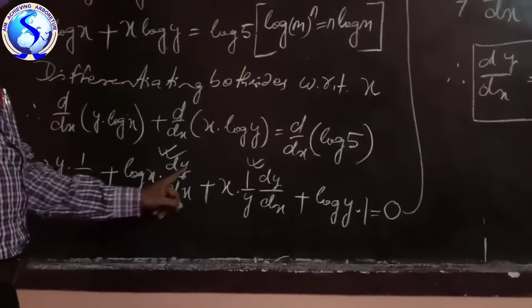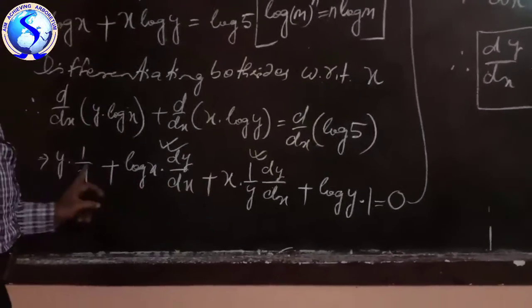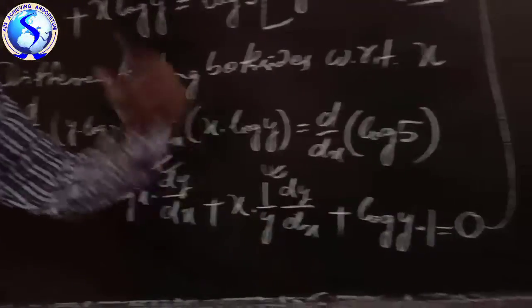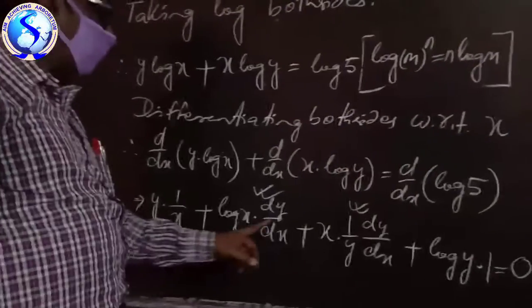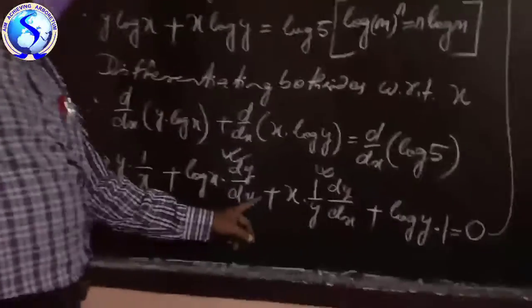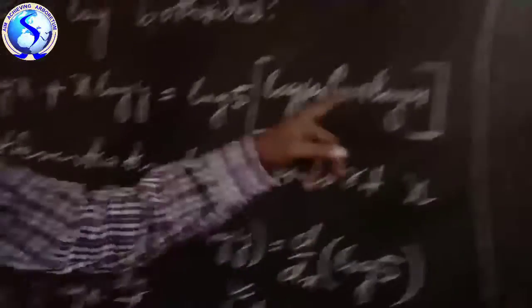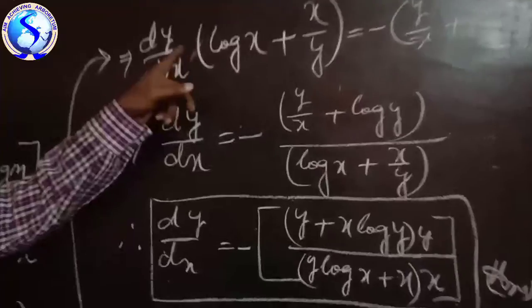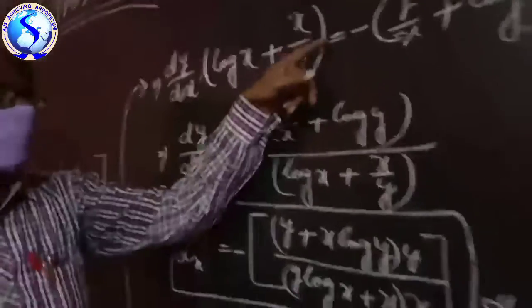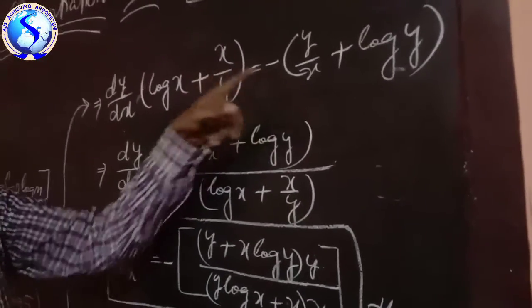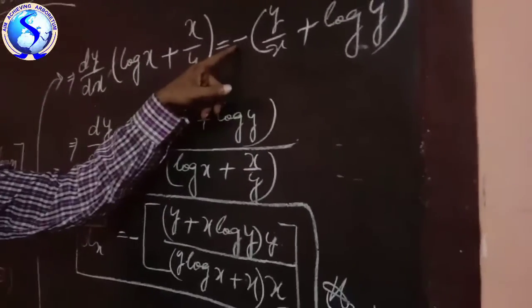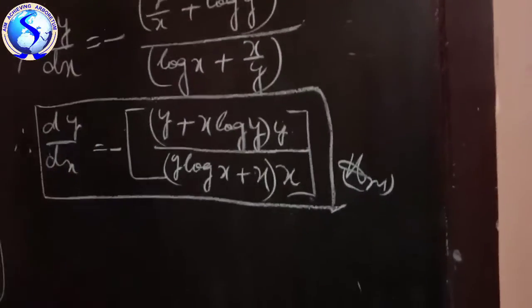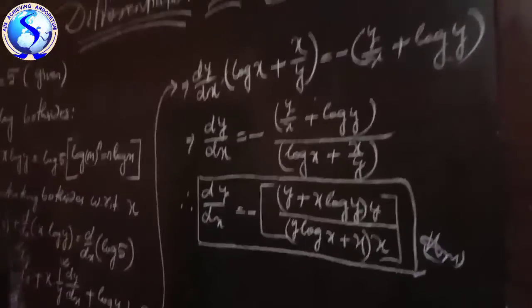After taking dy by dx common and transferring this part and that part to that side, log x plus x by y, that I have written here. I have taken all those two things to that side, taken minus common, next I have divided. This is the final result of number 1. Just see the next one.